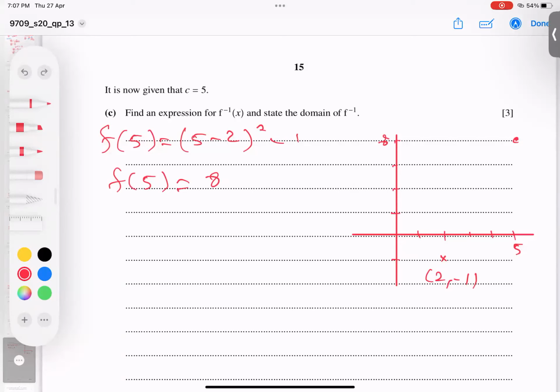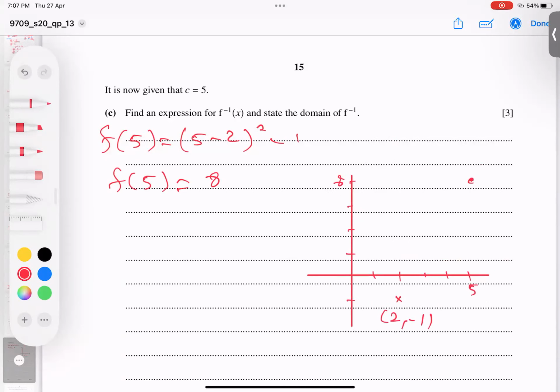Wait a minute, let me bring the graph slightly down. Now I hope you can understand. The graph goes this way, students. Why, sir? You can ask me, because the domain starts from here onwards. So the domain is x bigger than or equal to 5. The range starts from here onwards, so the range is y bigger than or equal to 8. I believe you got the point very clear.